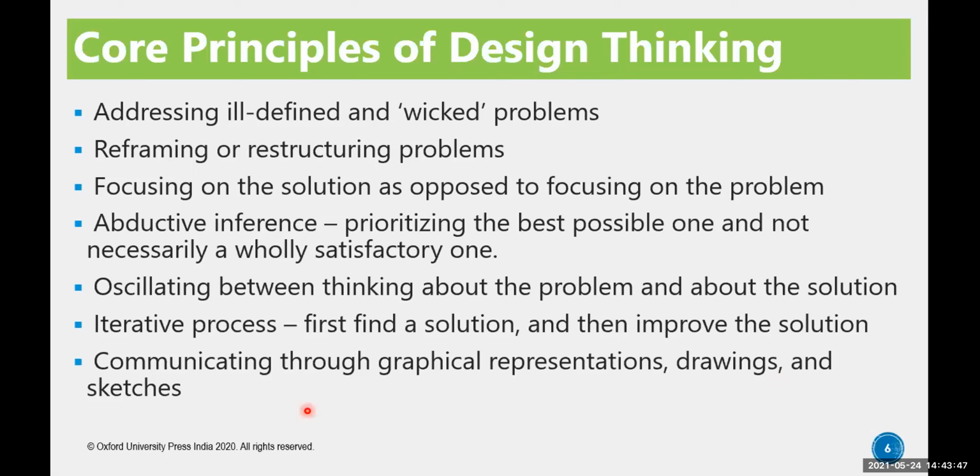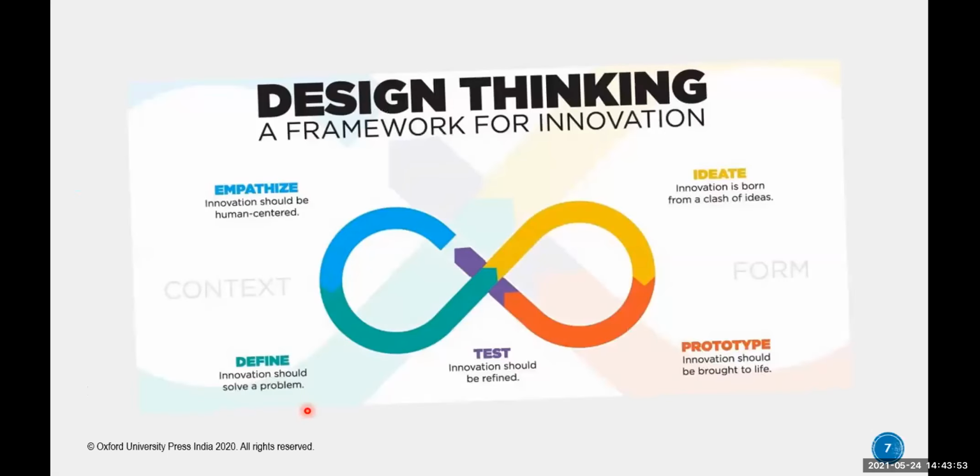So let us understand what are typically the steps. So let's see the step-by-step approach to design thinking. This is what it looks like. This is the framework for design thinking process. The step number one is empathize. You empathize with the customer. What do you mean by empathizing?